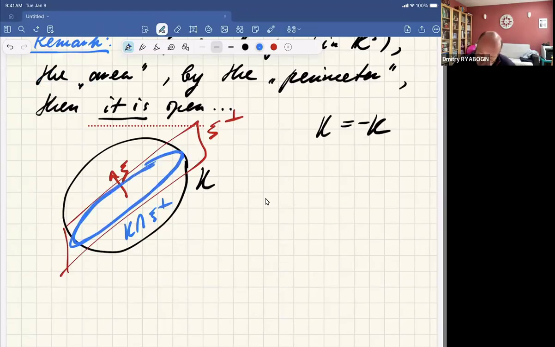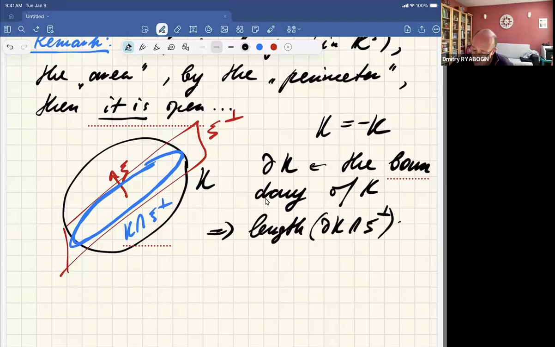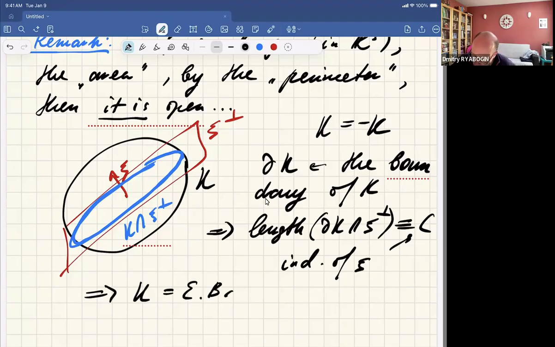If the boundary of K is such that, let's say in R3, the length of the boundary is constant, where the constant is independent of the direction, does it follow that K is the Euclidean ball?